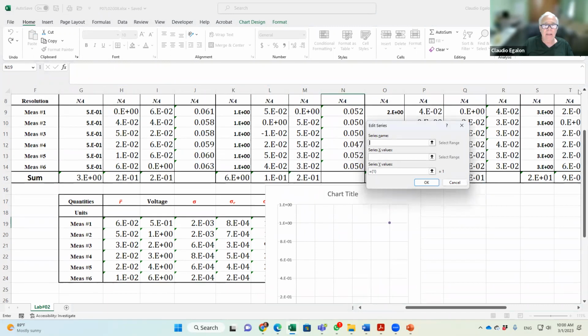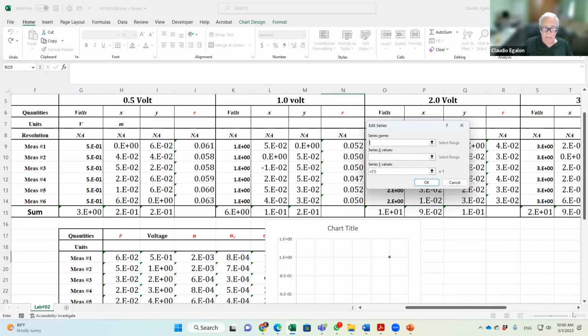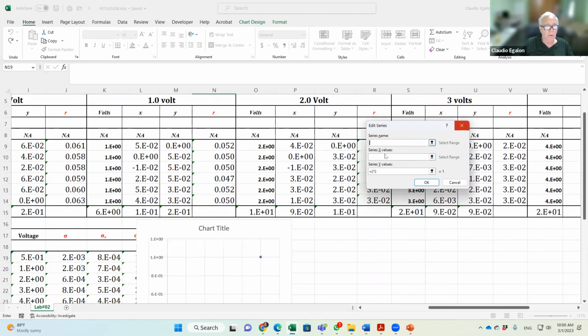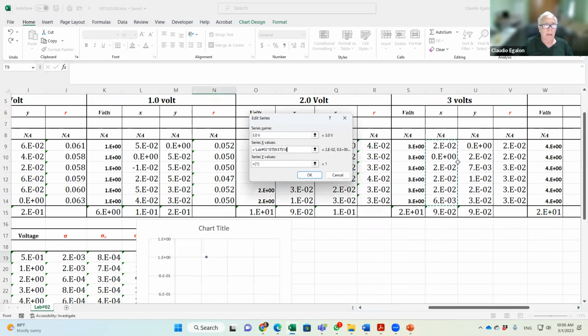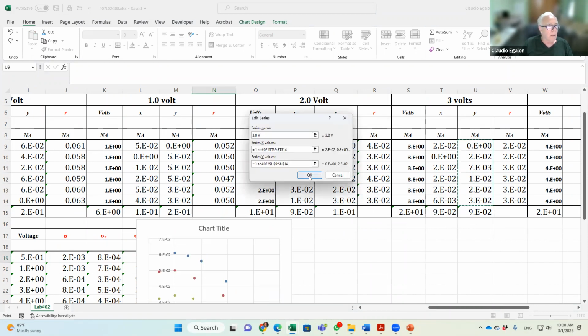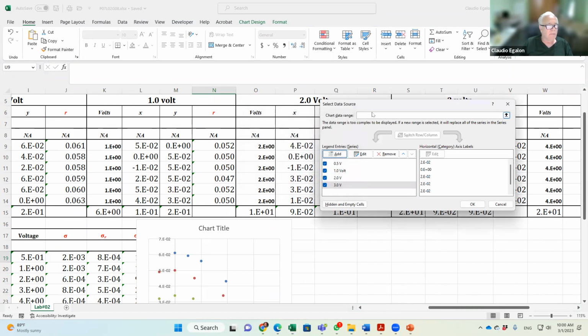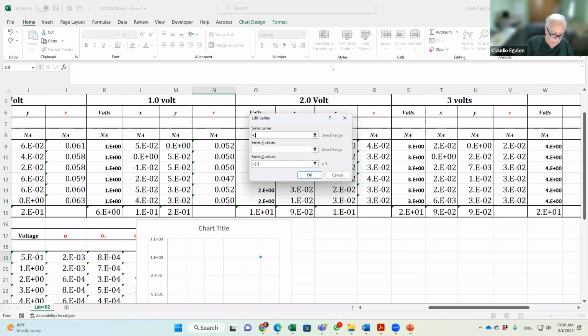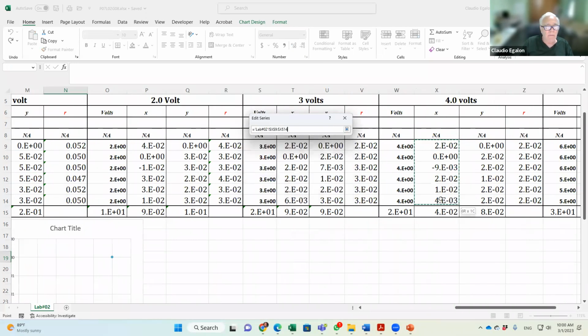What's going to be the next one? 3 volts. 3.0 volts. Select X and Y. Click OK, right? And finish that up. Add 4 volts. X and Y for 4.